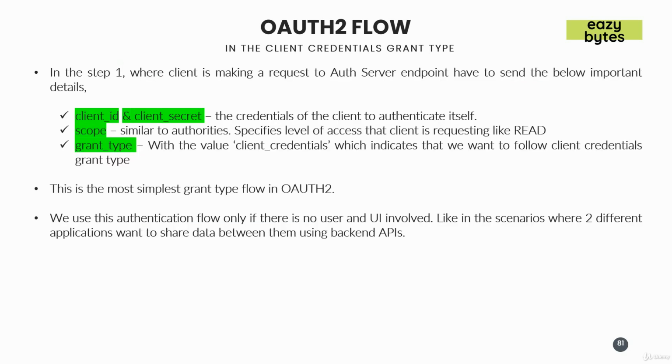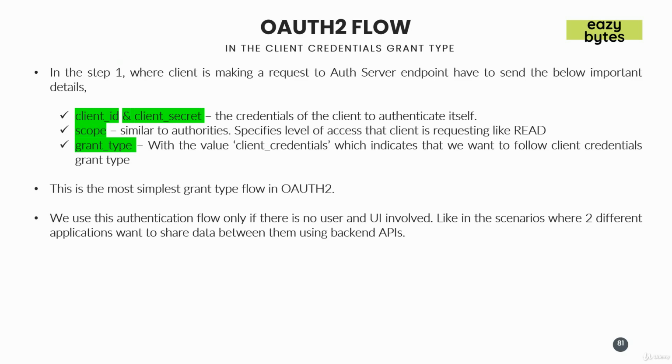Based upon our discussion, in step 1 where the client is making a request to the auth server to get an access token, it has to send the following 3 values in the request. One is the client ID and secret to prove its identity to the auth server, like I belong to so and so organization and these are my client credentials.